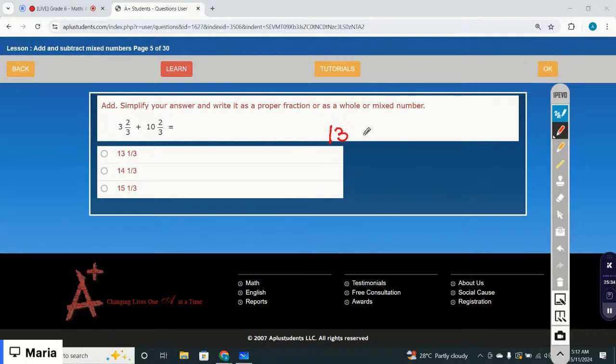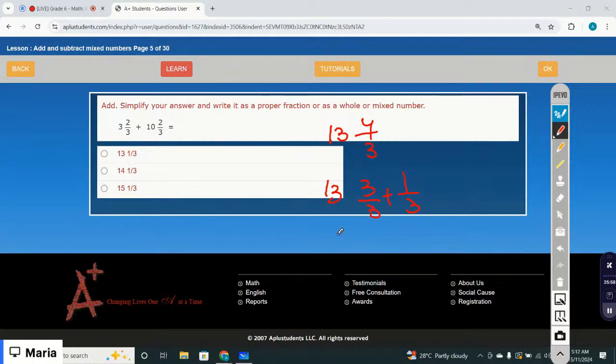When you add like this, 10 plus 3 is 13, 13 whole 4 over 3. You cannot write a numerator greater than the denominator, right? The numerator must be smaller than the denominator. So what you have to do, write it as 13, 3 over 3 and 1 over 3. Split it like this because 3 plus 1 makes 4.